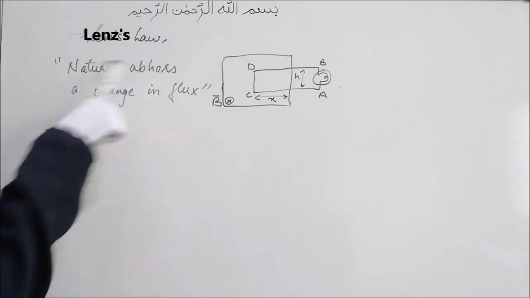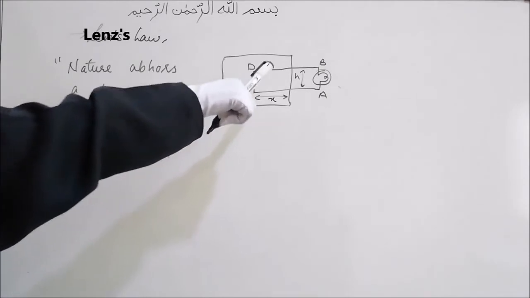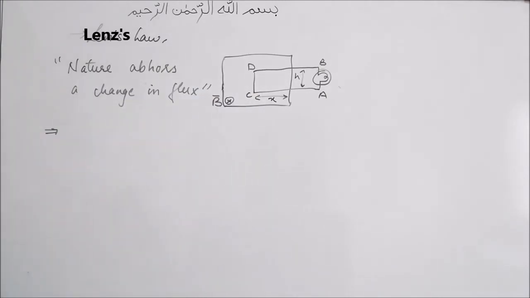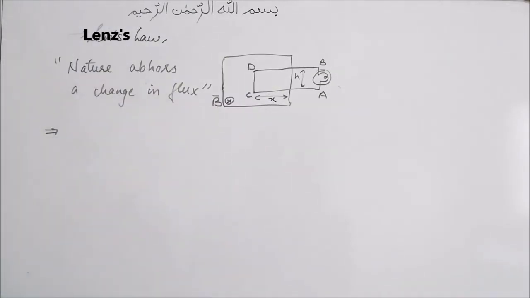What does nature abhors a change in flux mean? It means that the induced current will flow in such a direction that it will try to cancel the change in flux or the change in magnetic field. That is, if the flux through the loop is increasing, the current will be induced in such a direction that it will try to decrease this magnetic field. Or if the flux through this loop is decreasing, then the current will be in such a direction that it will try to increase this magnetic field.